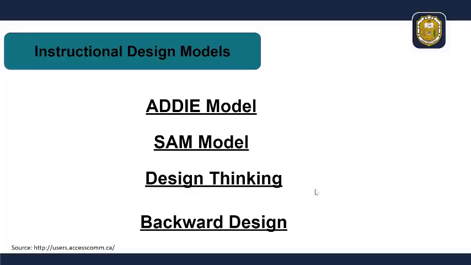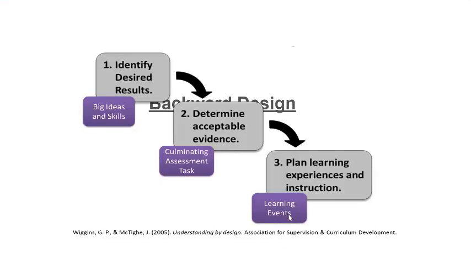In this week we are going to move to design our online course by using instructional design models. You already learned about the ID model, SAM model, and design thinking, and today we are going to learn about the backward design model.